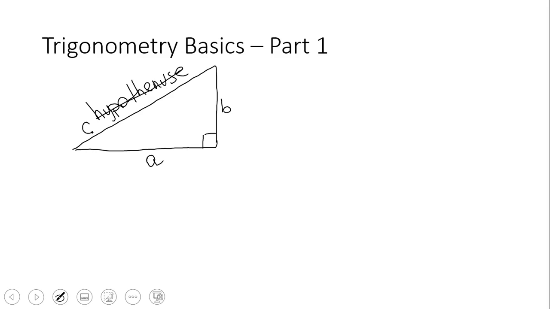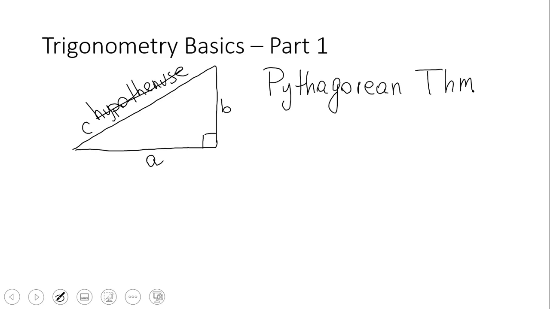C. And there is a fundamental theorem of geometry that you might have learned if you took geometry, which relates the three sides. And this is known as the Pythagorean Theorem, after Pythagoras. And this theorem states something very important about the three sides.